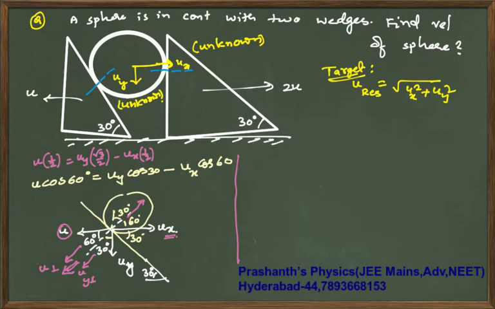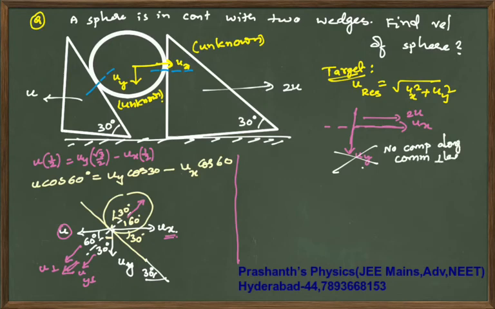In the end, if you get a positive answer, your assumed direction is correct. Negative answer, your assumed direction is reversed. Now for the second surface, your common normal is this way, ux this way, uy is this way, and 2u is also in the same way. So uy does not have any component along the common normal, which implies ux is equal to 2u.